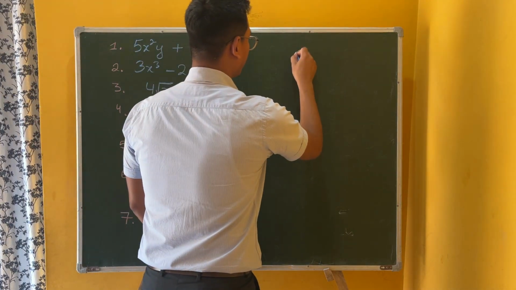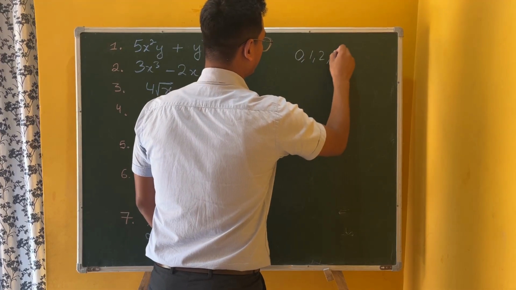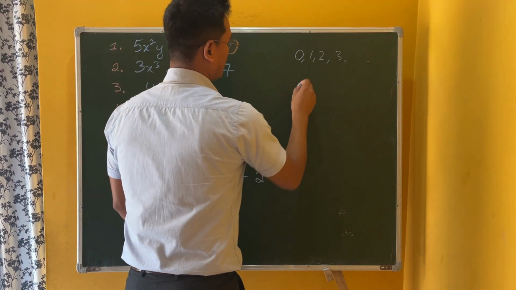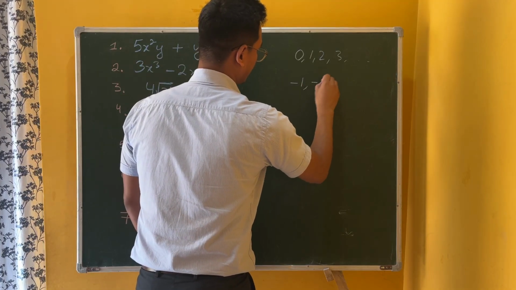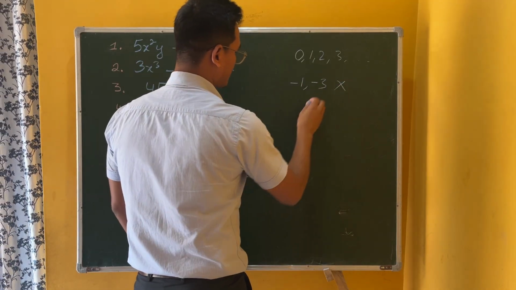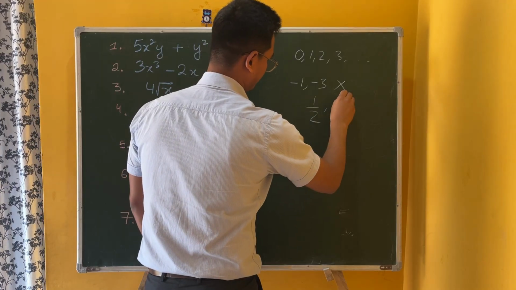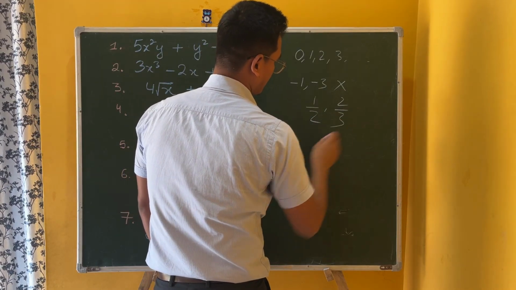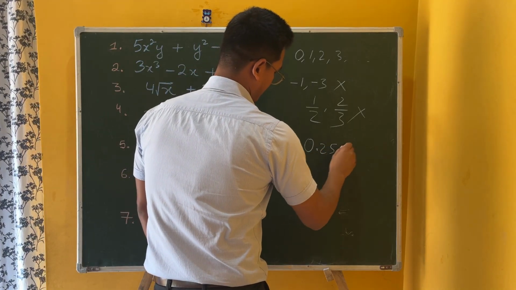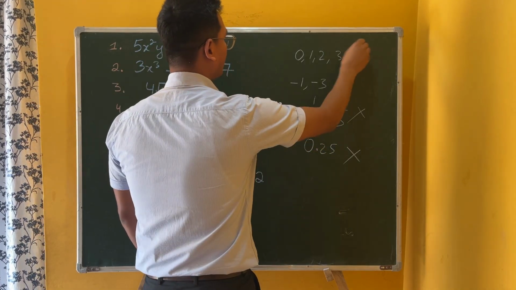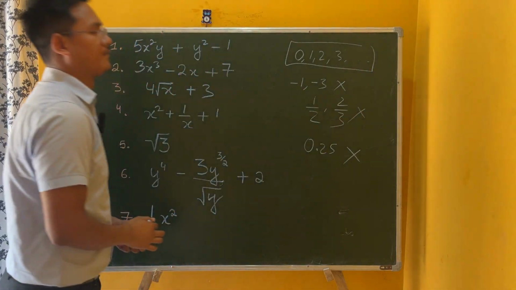Powers can be 0, 1, 2, 3, this type. It should not be negative numbers, or fractions, or decimal numbers. So powers must be only of this type.